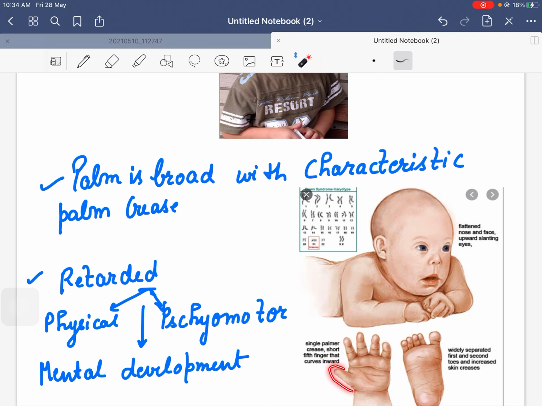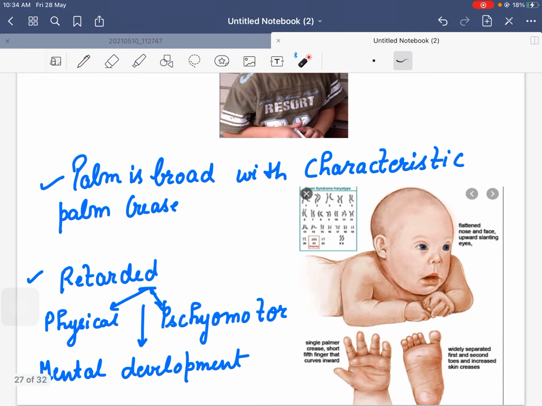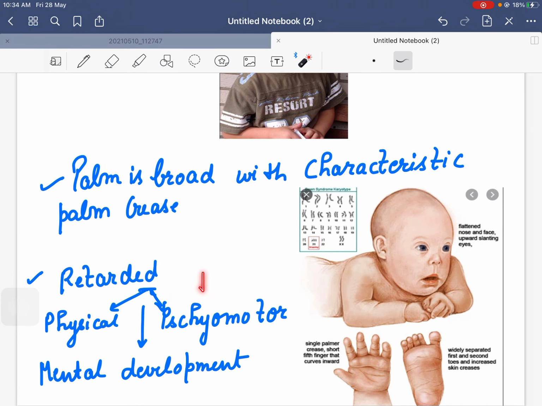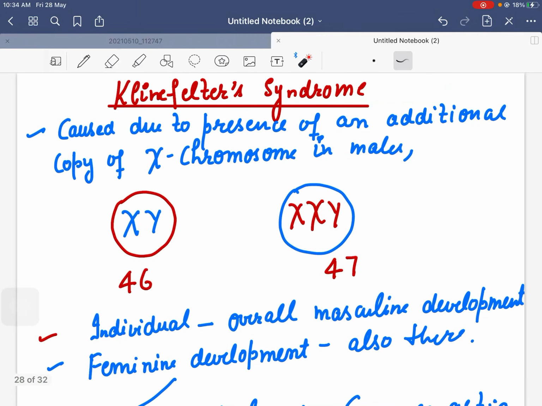Palm is usually broad. Normally not everyone's palm is broad, but persons with Down syndrome have a broad palm as well as the palm crease. This is very clearly visible. As well as their psychomotor skills, means their physical activities and mental development, are a little bit slow, right? They are a little bit slow in these activities. So these are the main characteristics of a person who suffers from Down syndrome.